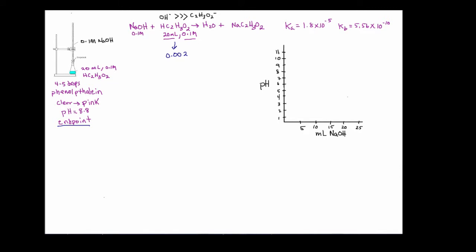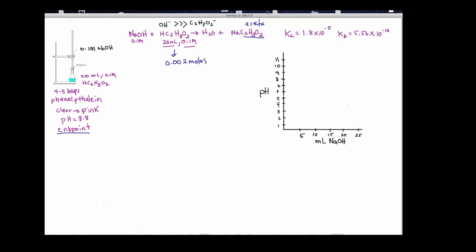All right, and the equivalence point, therefore, will be the point where all 0.002 moles of the acid has been used up. So it'll be the point where we have added the last little bit. We drip in a fraction of a drop of NaOH, and the last of the acetic acid, the last of the 0.002 moles, is converted into the acetate ion.